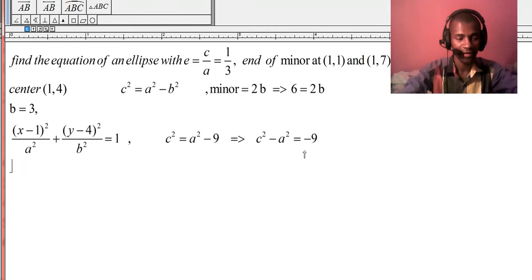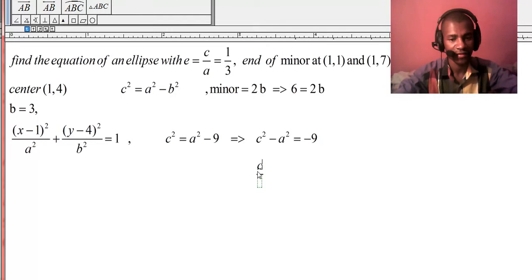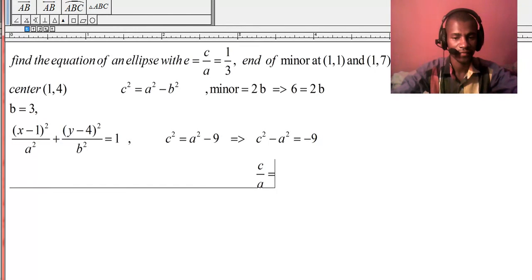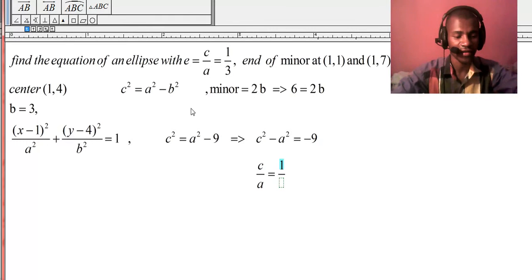And we also know that c over a is equal to 1 over 3. That's what they've given us, so we don't bother ourselves with lots of stories. It's equal to 1 over 3.